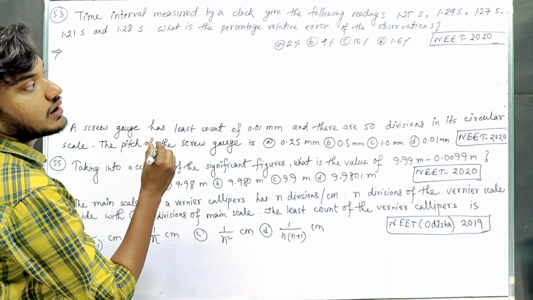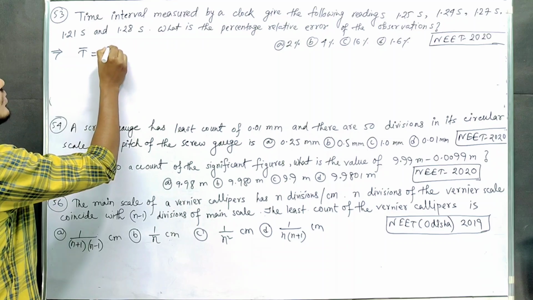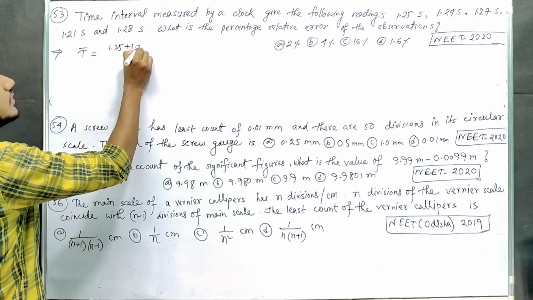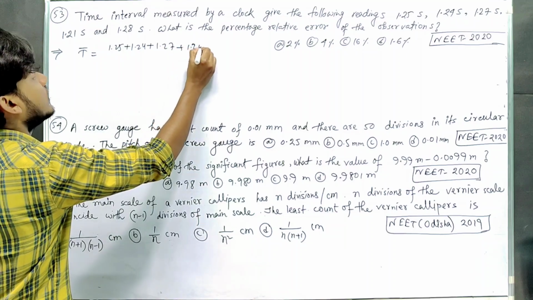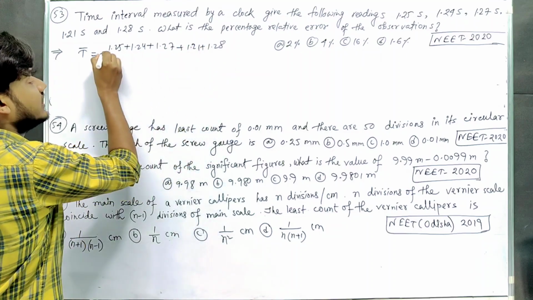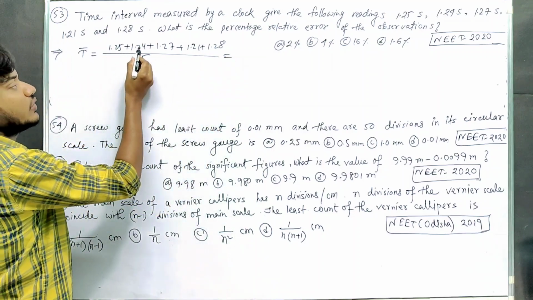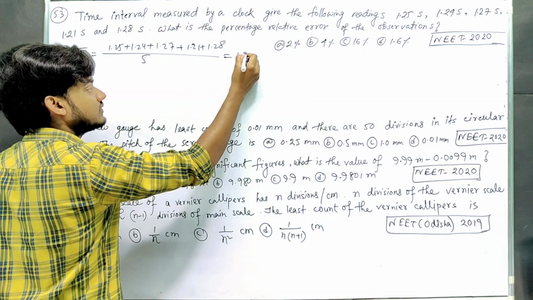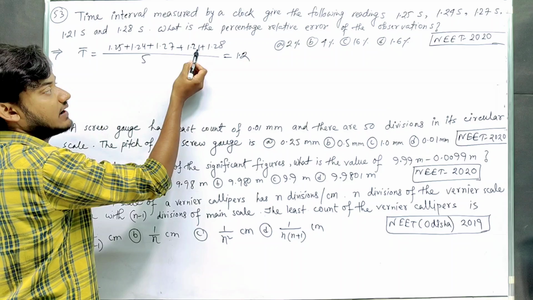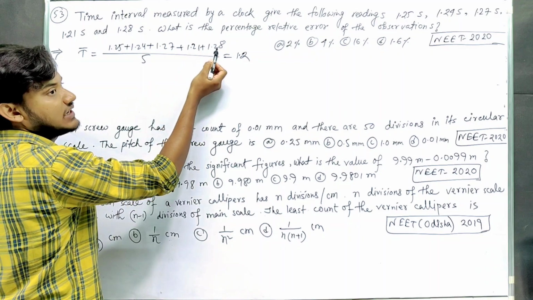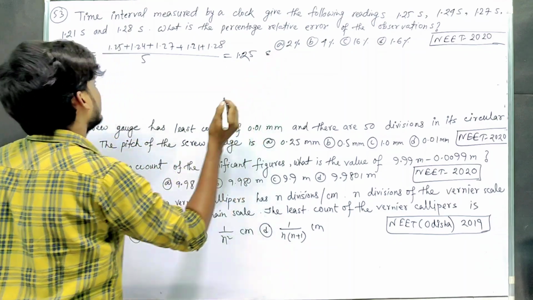So first calculate the mean. 1.25 plus 1.24 plus 1.27 plus 1.21 plus 1.28 divided by 5. The sum comes to 25 after the decimal digits, 25 by 5 is 5. So the mean is 1.25 second.